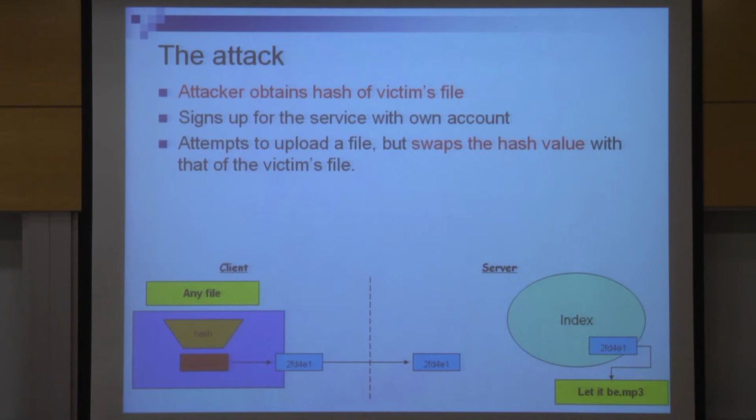And now the cloud is going to say, well, OK, I know this. I've just registered this file. You don't have to send it over. I've just registered this file under the name of the attacker. Now the attacker is a legitimate owner of the same data in my file. And he can download it freely, no restrictions in the downloading, and he got my file away. So this is really a way of taking a small 160 bits and relaying this into the whole file.